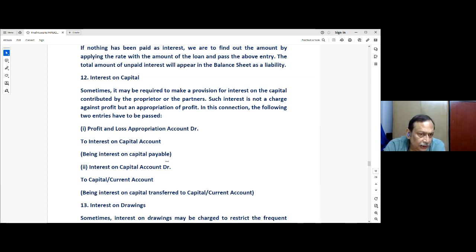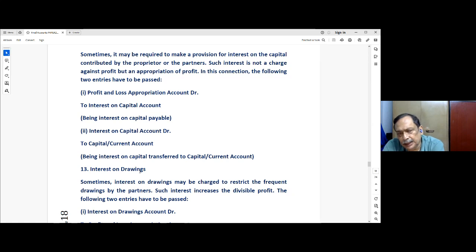The first entry is profit and loss appropriation account debit to interest on capital account. And the narration will be being interest on capital payable. And the second one is the interest on capital account debit to capital or current account, being interest on capital transferred to capital or current account.